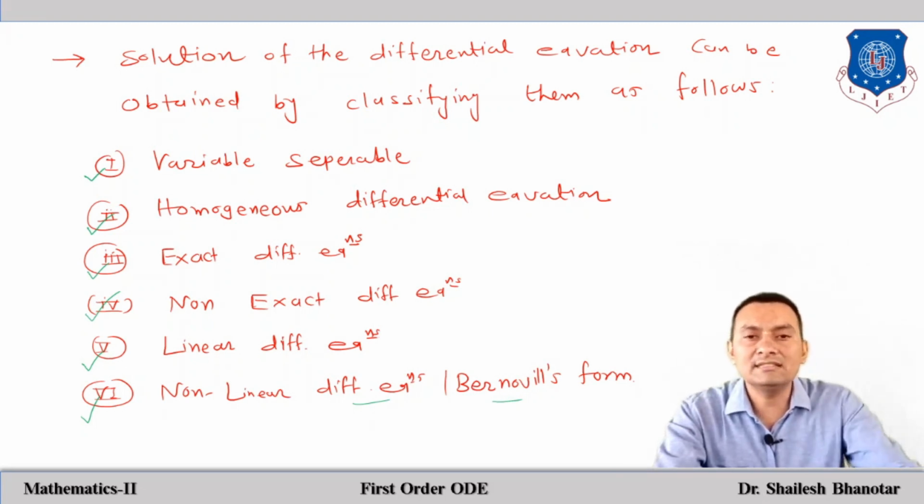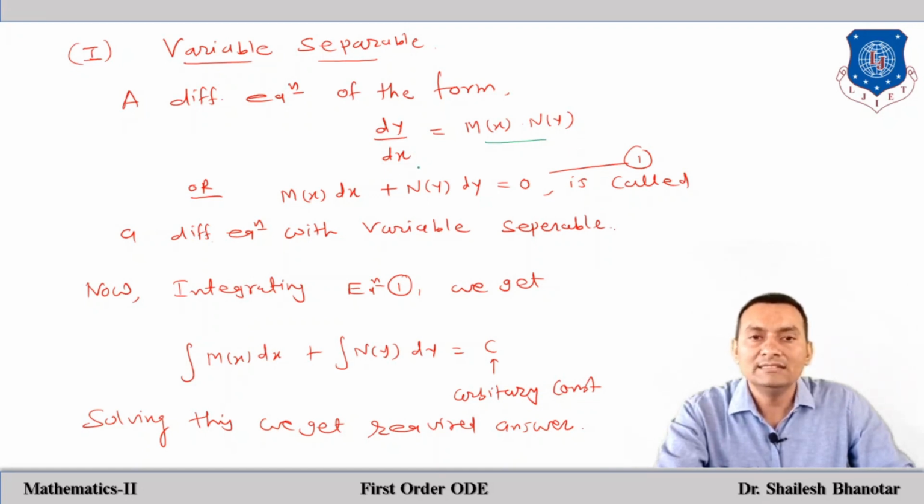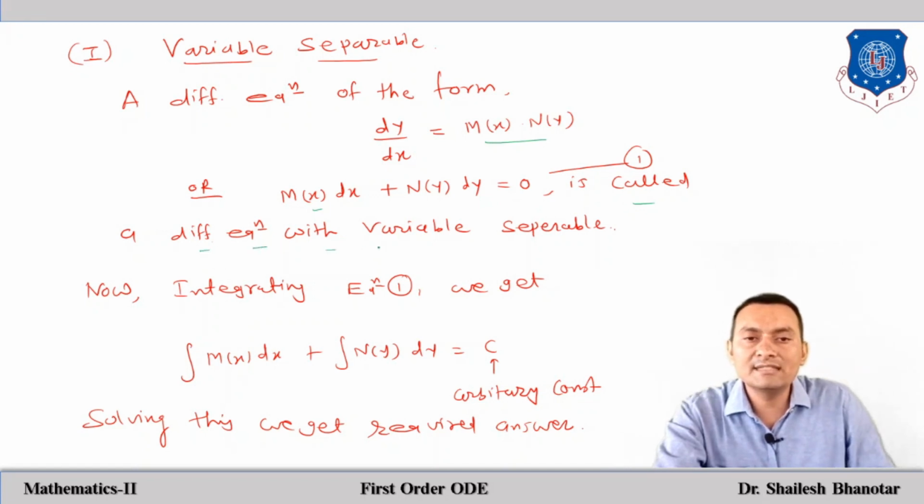So let us first understand what variable separable is. If I consider the general form dy/dx = M(x) N(y), that can be written as M(x) dx + N(y) dy = 0, and this is called a differential equation with variables separable.